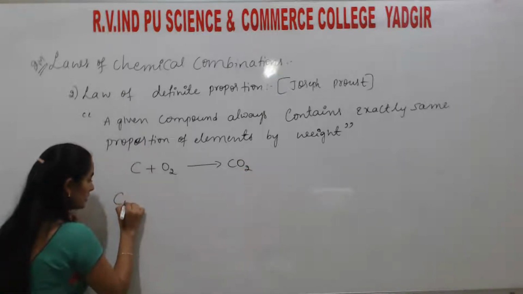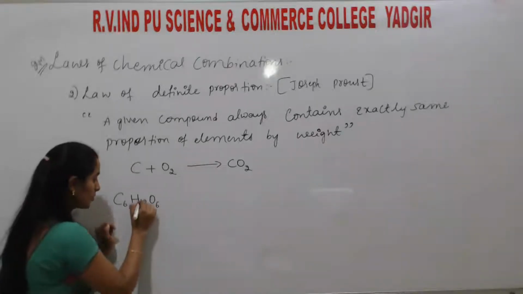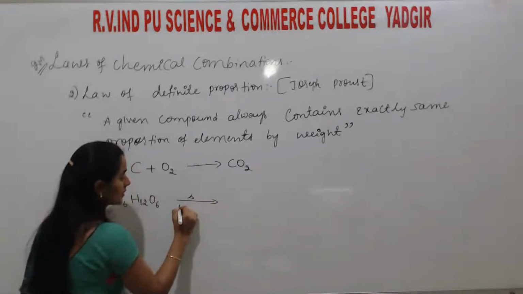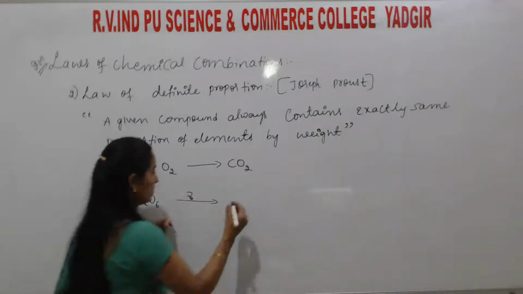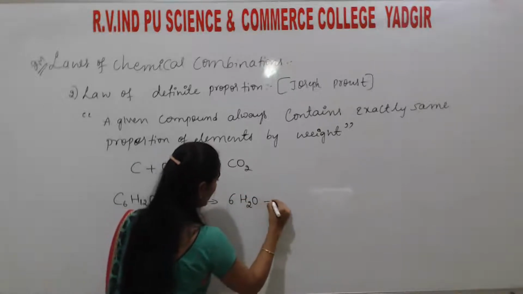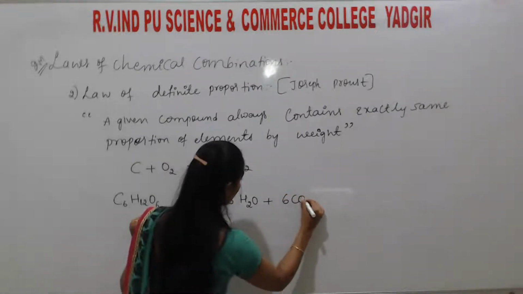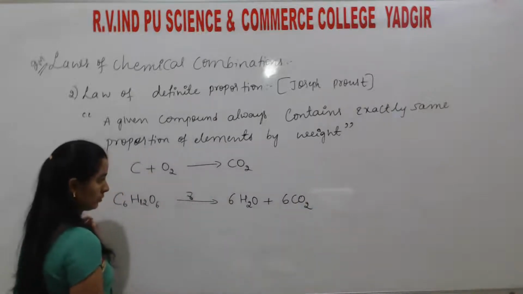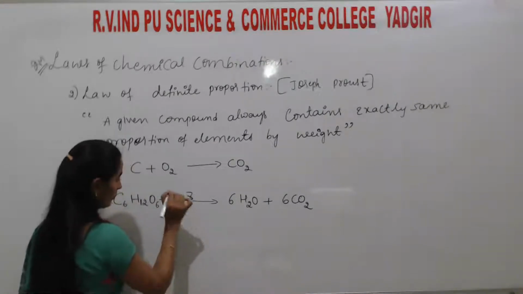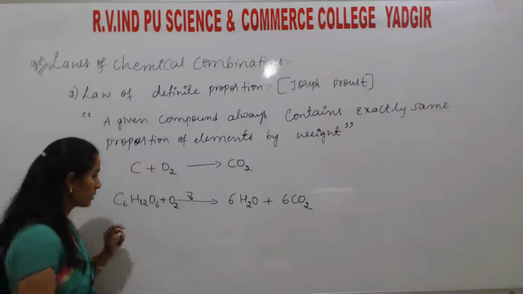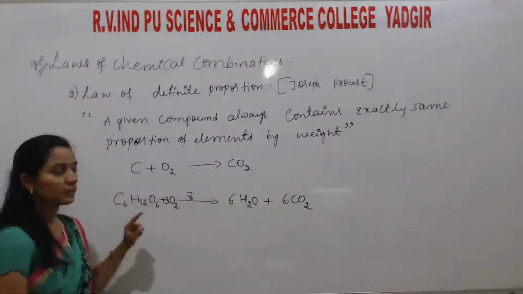Next, C6H12O6 undergoes photosynthesis using sunlight, in the presence of oxygen. It forms 6 moles of H2O plus 6 moles of CO2.